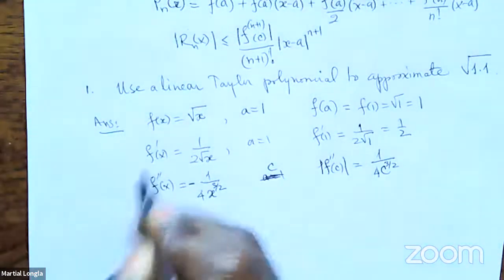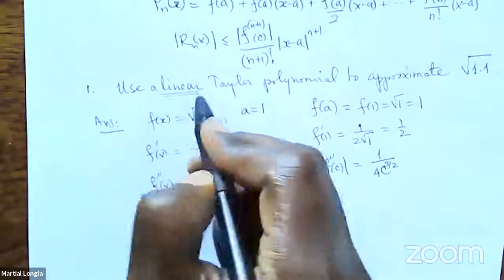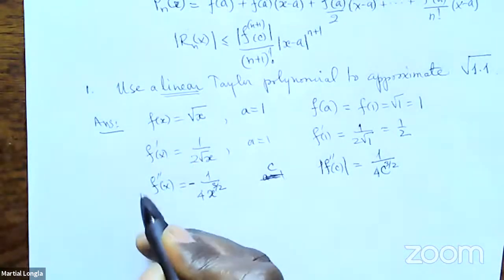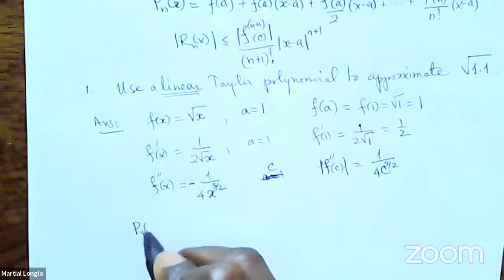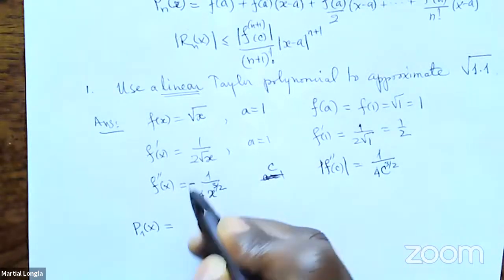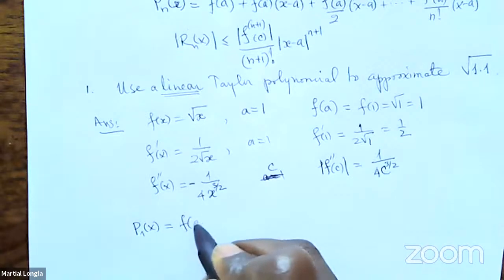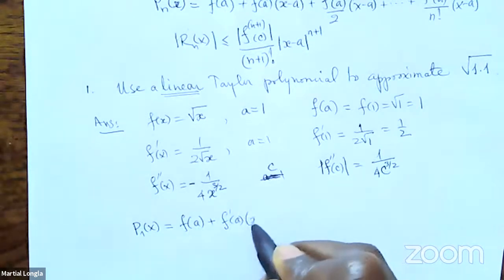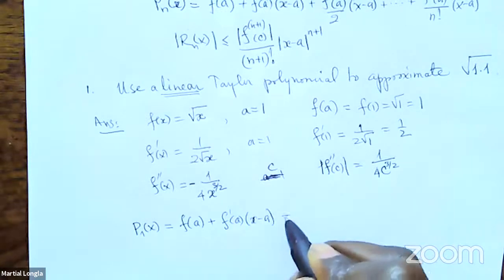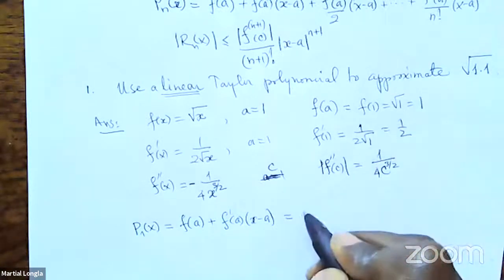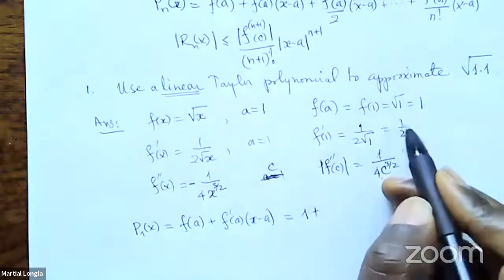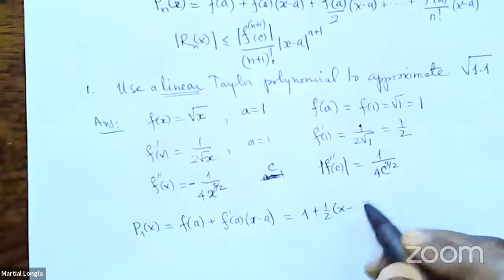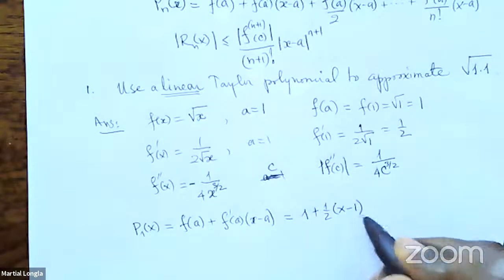The linear polynomial means first order. So the linear polynomial here would be p1 of x equals f of a plus f prime of a times (x minus a), which is f of a equals 1, f prime of a equals 1/2, times (x minus a), and a is 1.